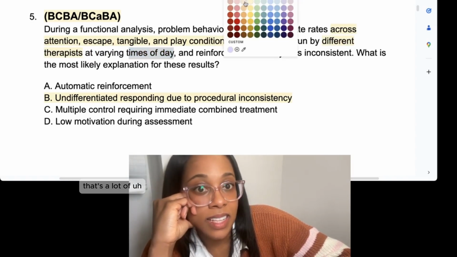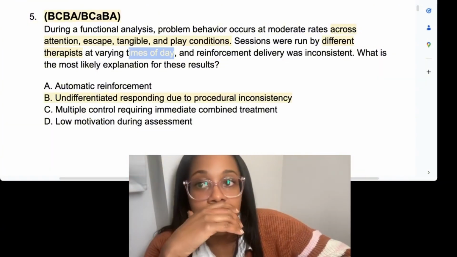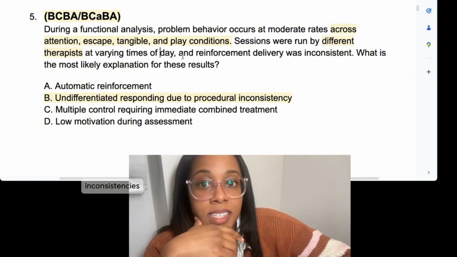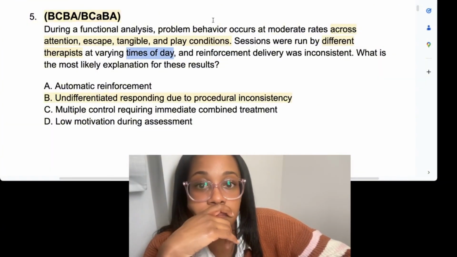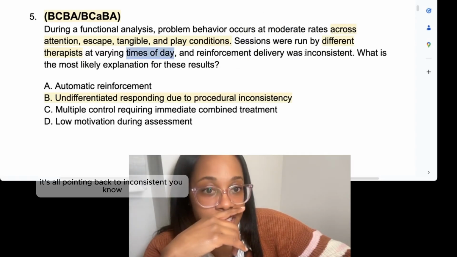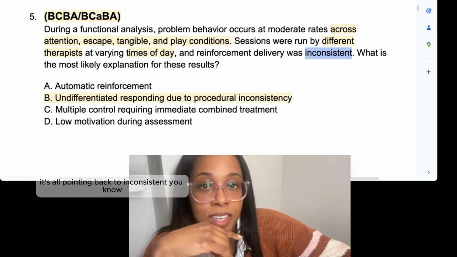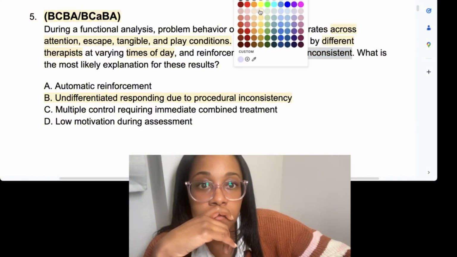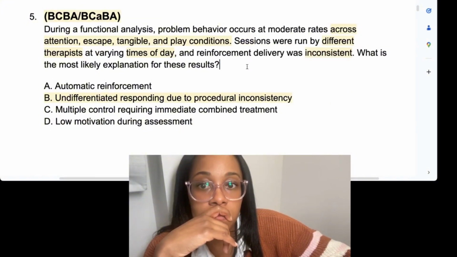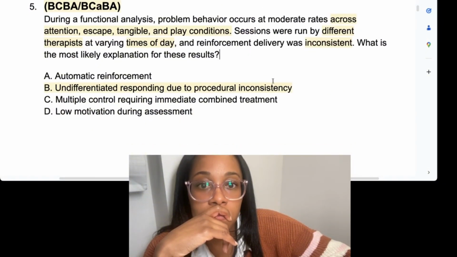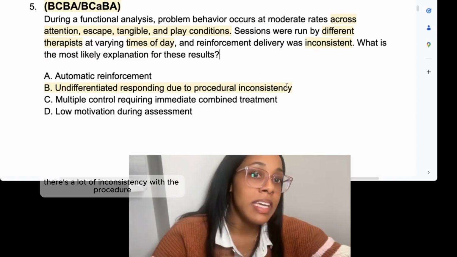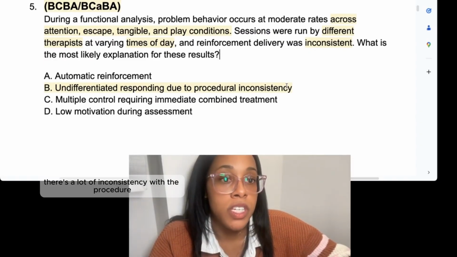That's a lot of inconsistencies. It's all pointing back to inconsistent. There's a lot of inconsistency with the procedure.